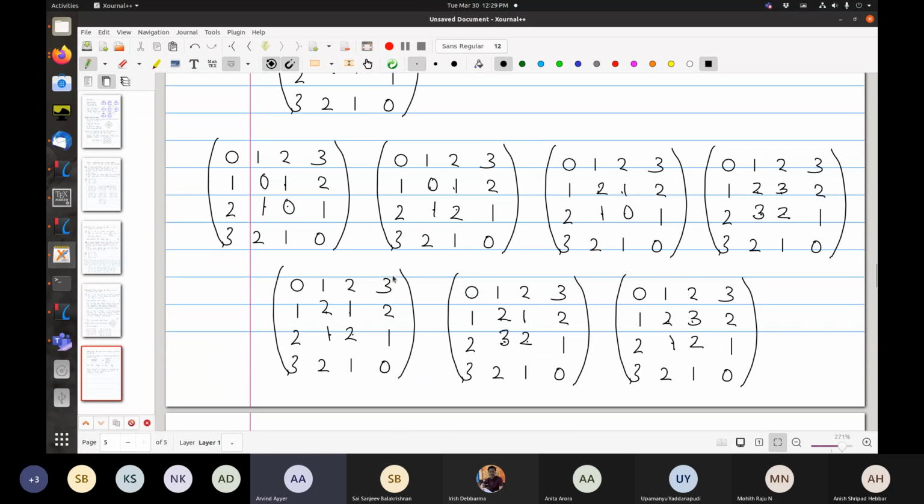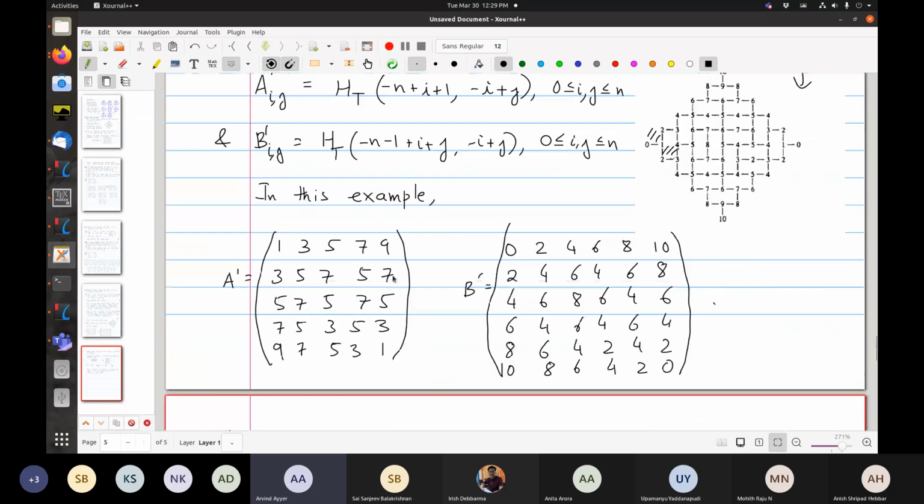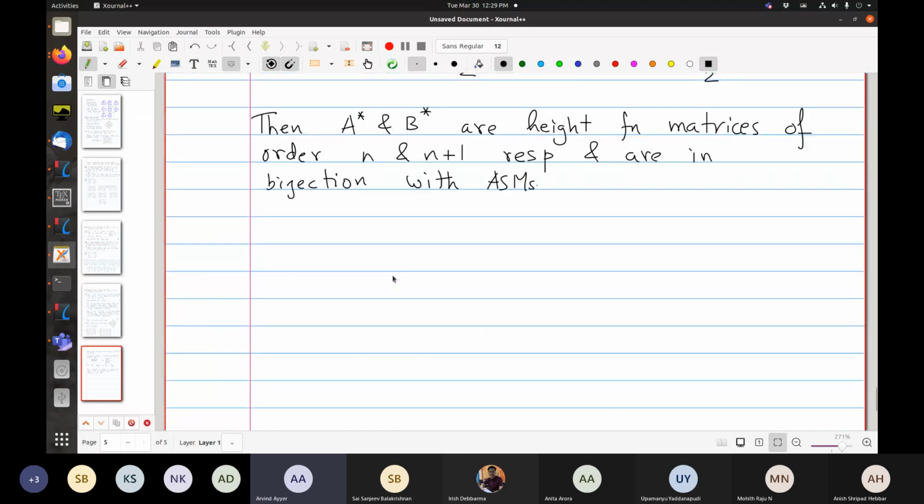Okay, maybe it's a bit hard to do on the fly, but I can tell you. So to construct the ASM, we can obtain ASMs A and B corresponding.